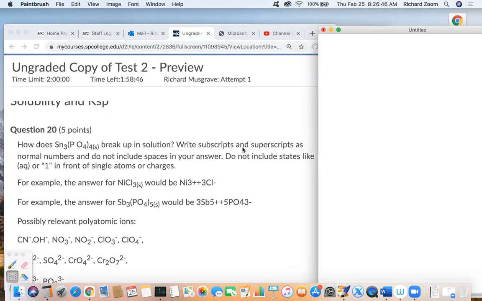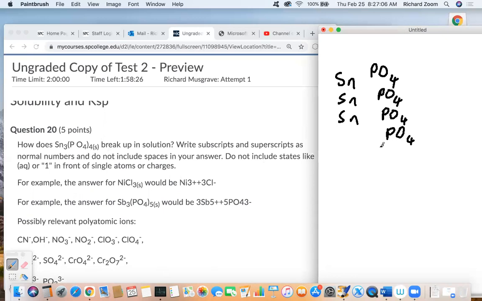So what I would do is draw out a picture of it. It'd be Sn3, so 3 Sns, and then we got 4 PO4s here. Any questions so far?